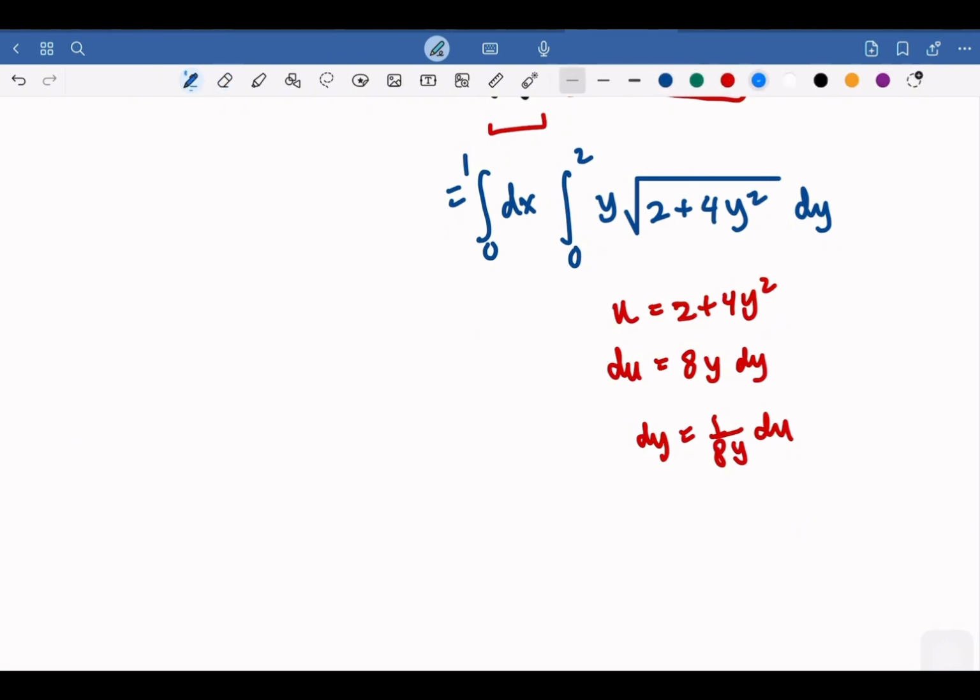So you can exchange this, and this is supposed to be equal to 13 over 3 square root of 2. Basically you can change that. From y equals 0, u will be 2, and y equals 2, u will be 18. So basically change to this and you get this.